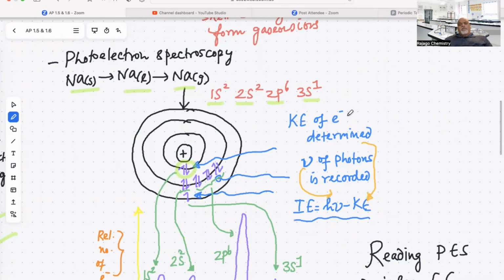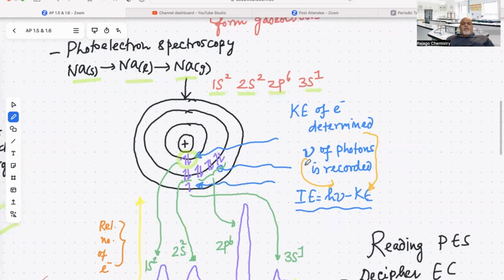You spend a frequency of photon and pump out all the electrons. The ionization energy is calculated using the frequency of the photon minus the kinetic energy of the electron that comes out.